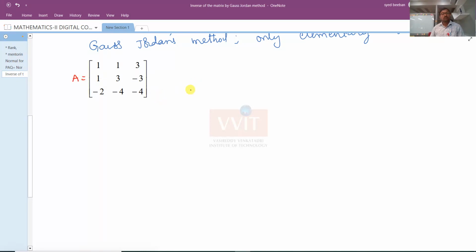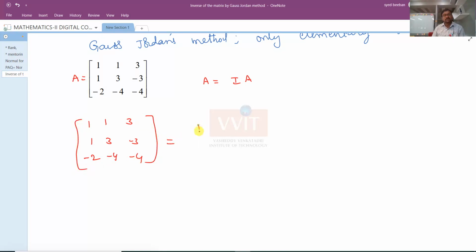This one I'm going to write here: A equals I A. So 1 1 3, 1 3 minus 3, minus 2 minus 4 minus 4, which equals, since it is a 3 by 3 matrix, 1 0 0, 0 1 0, 0 0 1 into A. This is quite similar to the normal form PAQ.